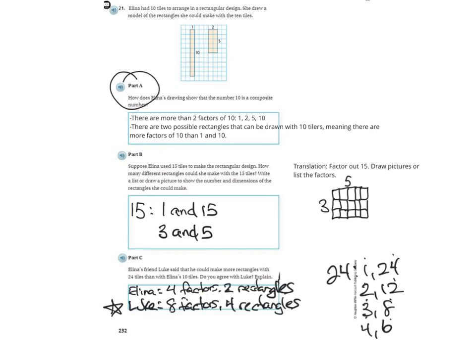So you could say something to the effect that 24 has more factor pairs than 10. 24 has 4 factor pairs, and 10 only has 2 factor pairs. This means I can draw 4 rectangles using 24 tiles.